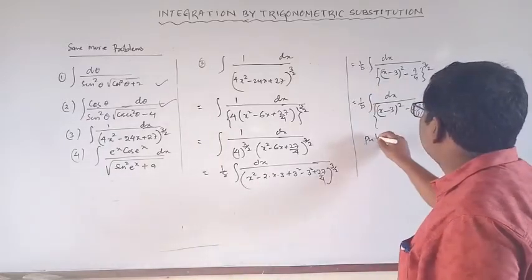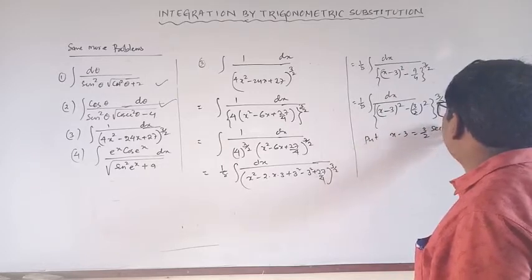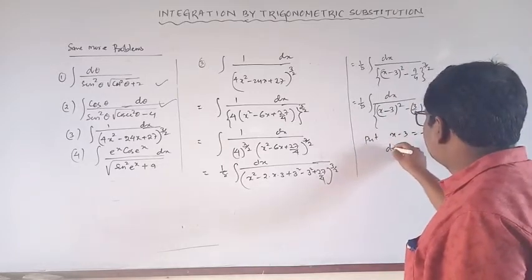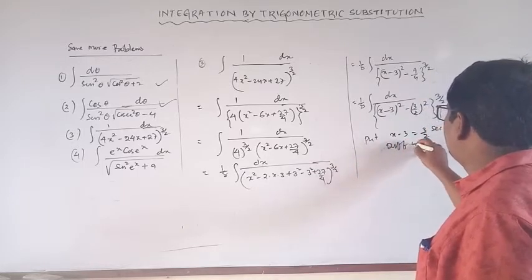So put x minus 3 equal to 3 by 2 sec theta. Differentiate with respect to x.